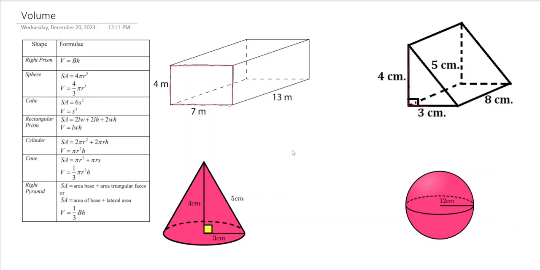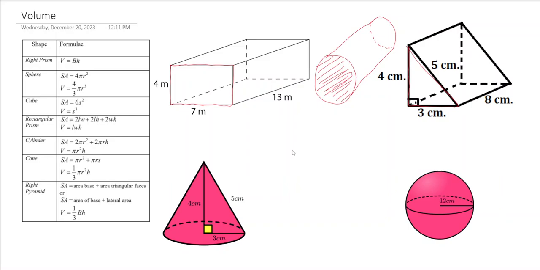Here is the base of this shape. Whatever the odd shape out is would be our base. And if it's a cylinder, the same sort of rule holds. So the base is the circle part. And as we talked about in the last video, circle is pi r squared.